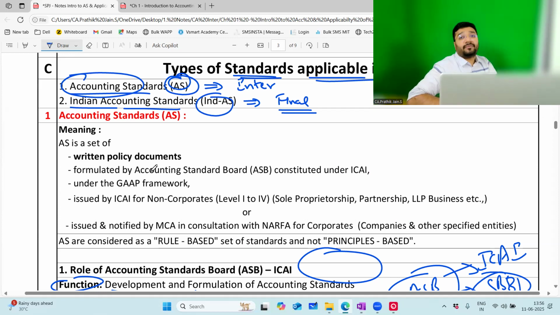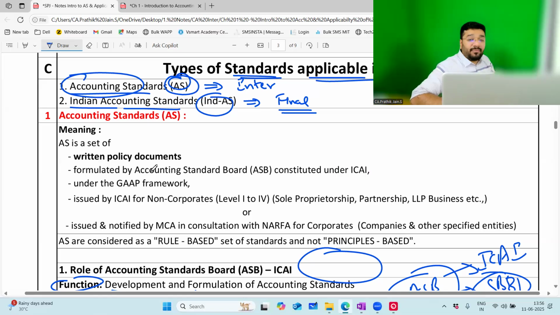So how did they formulate? What is the step-by-step procedure to formulate accounting standards? First, identify the area which requires guidance. And then you create a study group. In the study group, people will deal with practical people who are on the field, industry people, to understand what challenges they are actually facing.